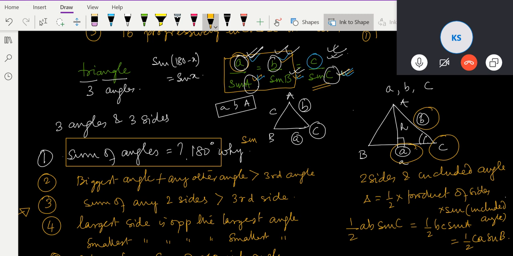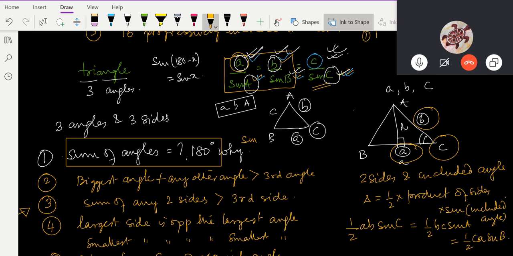I will go a little slow on this because once you understand this concept, you'll be able to crack any problem on triangles, no matter how tough it is. This is one of the rules for that. I will talk about the other rule tomorrow. I hope whatever we covered today is clear to you.